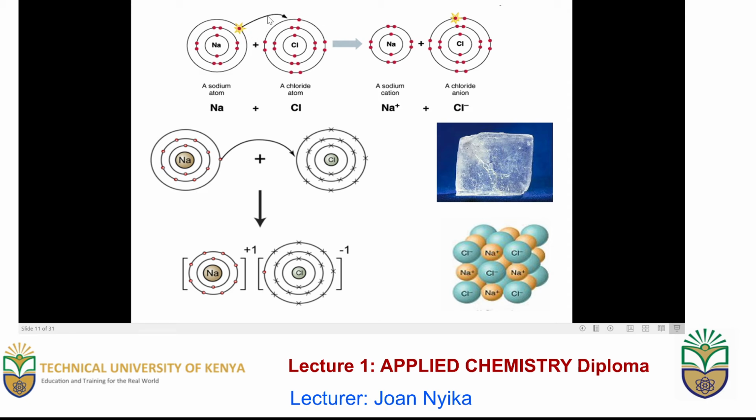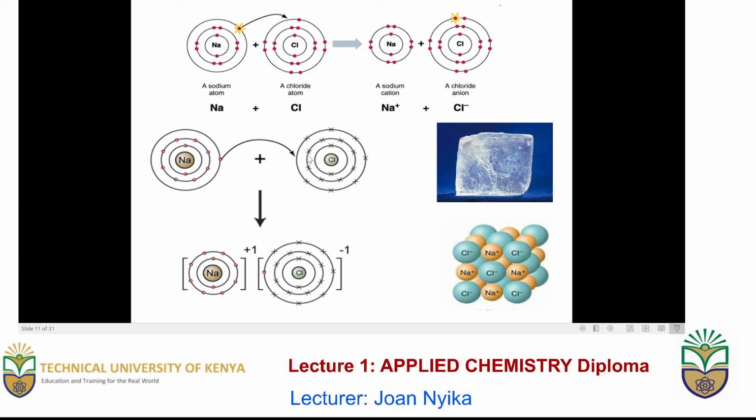In this case, sodium will remain with only 2 energy levels, while chlorine will be filled in its outermost energy level. This is what we are calling trying to gain the octet state. And these are the processes that are involved.